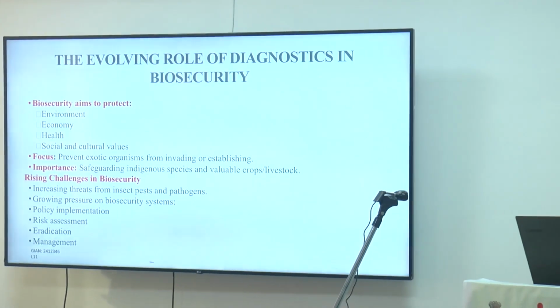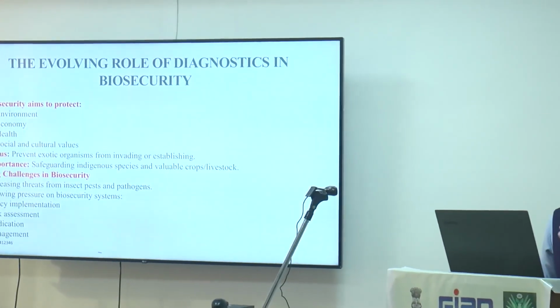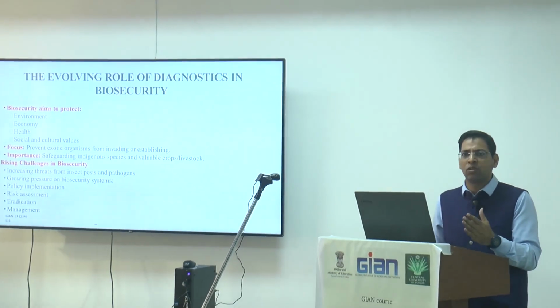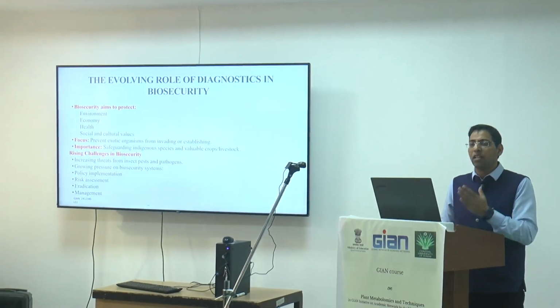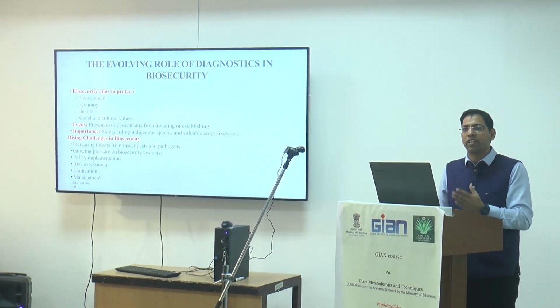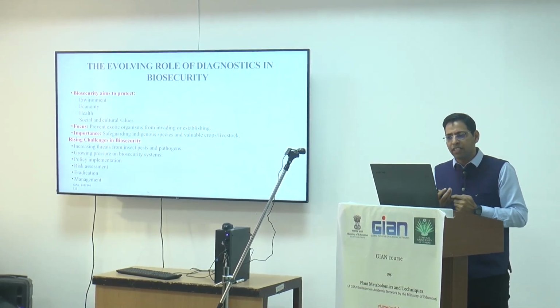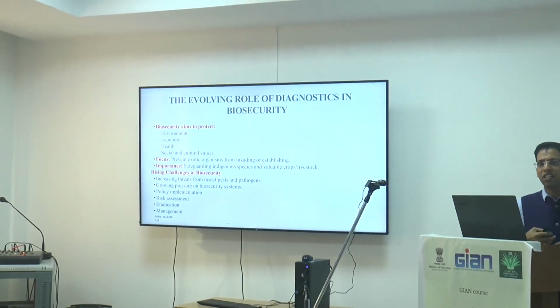So biosecurity is associated with many phenomena, and these four are the most important for all of us: the environment, economy, health, and social and cultural values. We have to protect all these points.